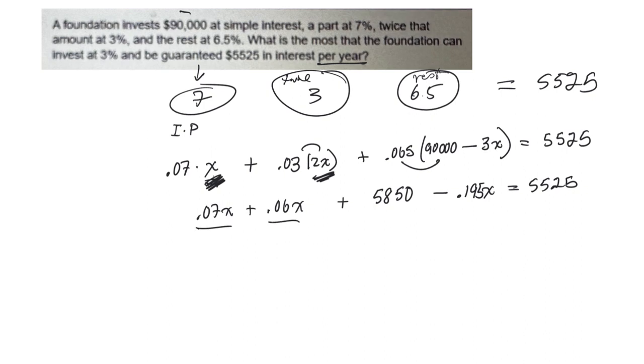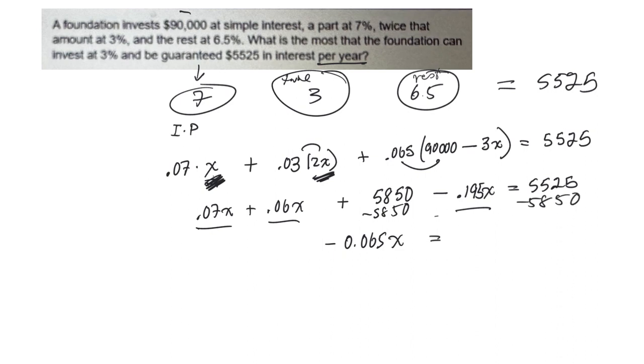Okay, let's gather x's. X's there, so 0.07 plus 0.06 minus 0.195. So I get negative 0.065x, and then I'm going to subtract 5850 on each side.